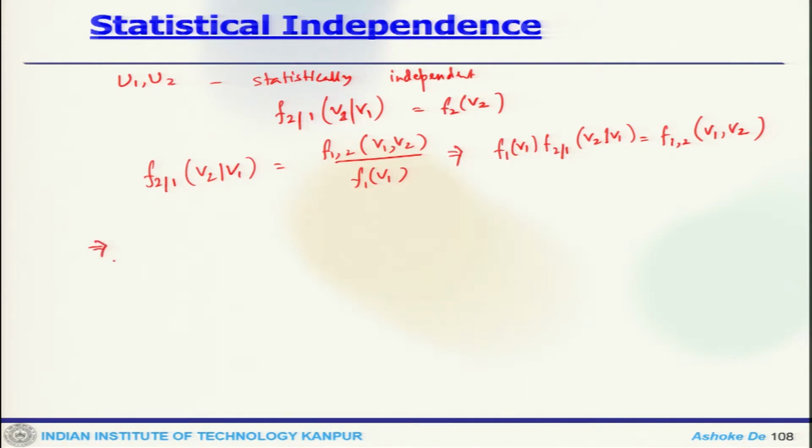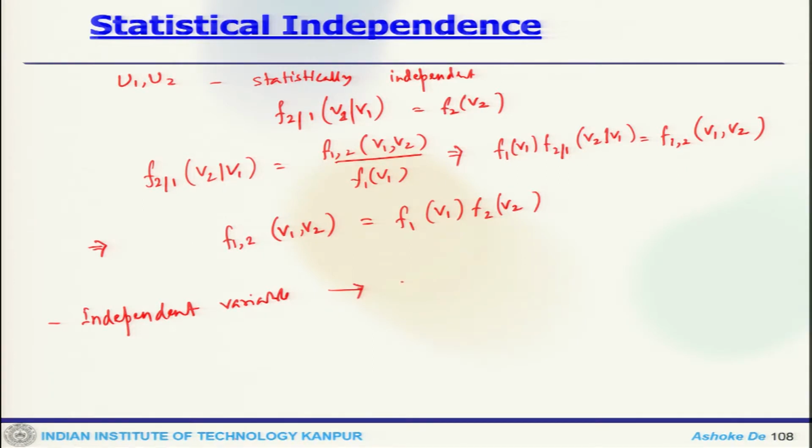Therefore, we get f12(V1, V2) equals f1(V1) f2(V2). That means if you have independent variables, they are uncorrelated. In general the converse is not true: uncorrelated variables are not always independent. So, this gives you an idea about these different terminologies in statistics.